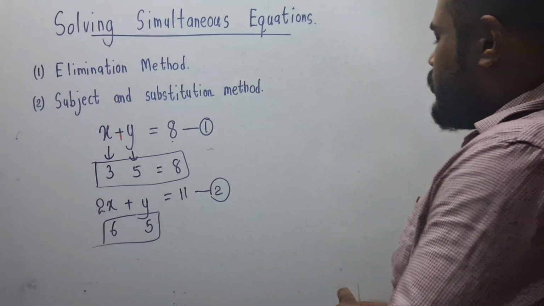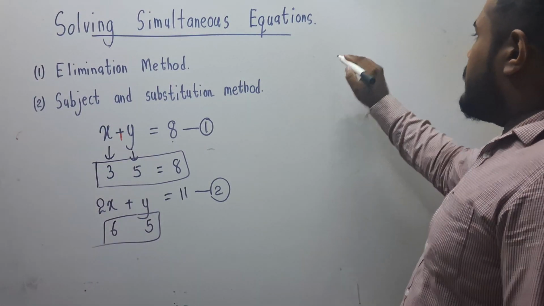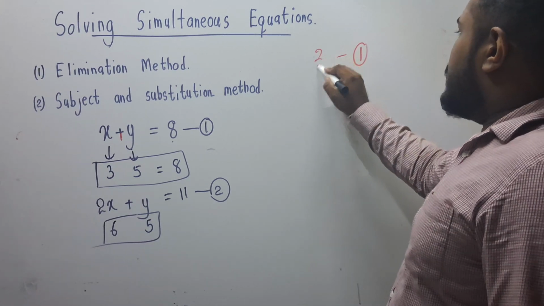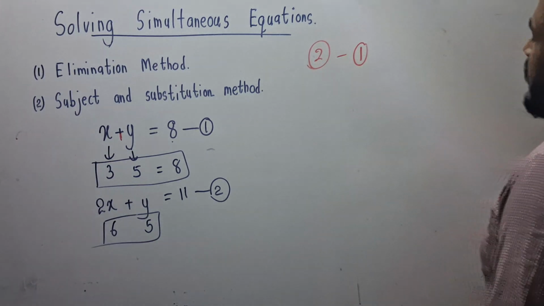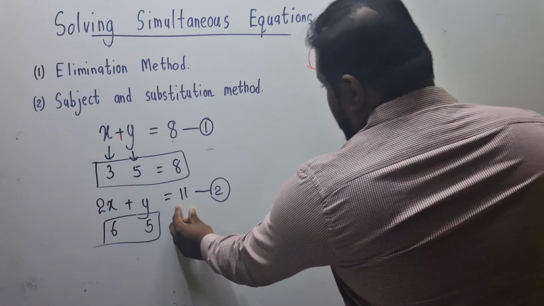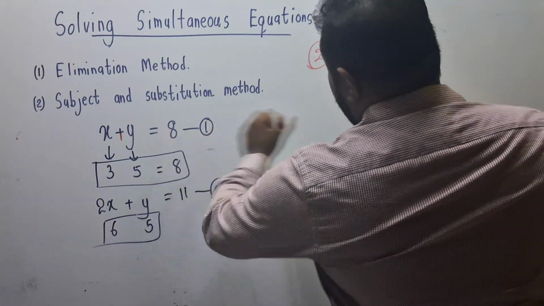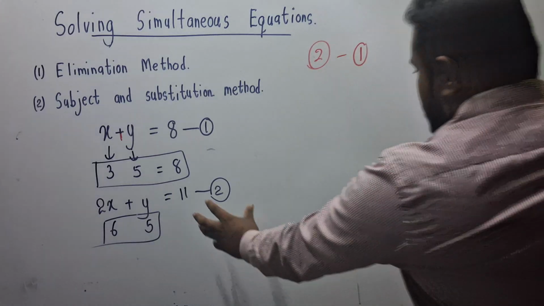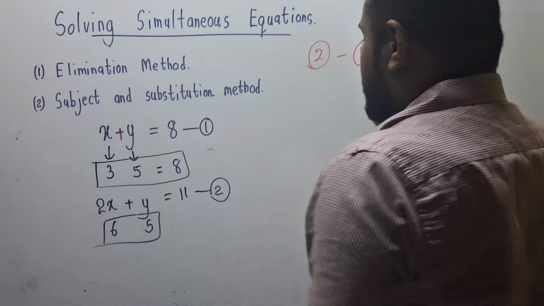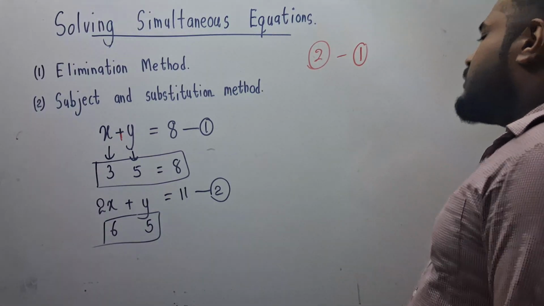So I am subtracting the first equation from the second equation. Why am I doing that? Because the second equation's right side has the value 11 and the first equation's right side has a value of 8. The second equation is bigger than the first equation, so I subtract the first equation from the second equation.